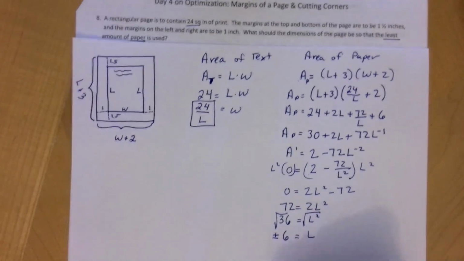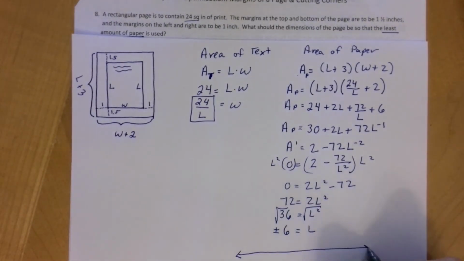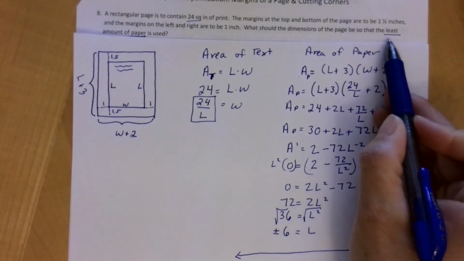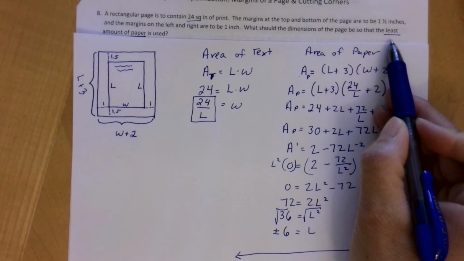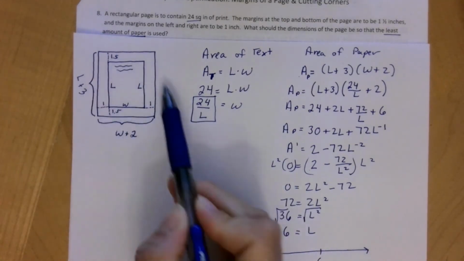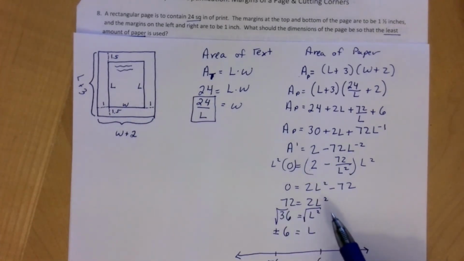Now at this point, we would want to identify which of these critical values is in fact a minimum, because we are looking for where we have the least amount of paper, so the minimum area. So I would be plotting negative 6 and 6. But this is a great point to do a logic test, and we are working with an area metric. So let's talk about domain.